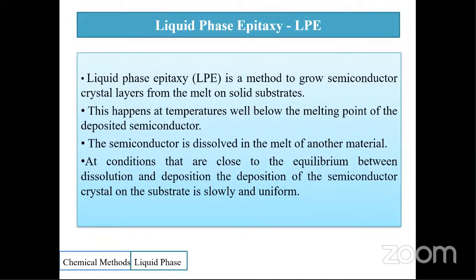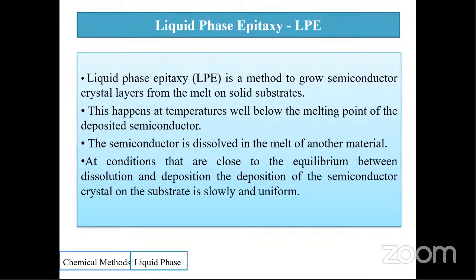Then the next one is liquid phase epitaxy. It is a method to grow semiconductor crystal layers from the melt on solid substrates, which happens at temperatures well below the melting point of the deposited semiconductor. And the semiconductor is dissolved in the melt of another material.